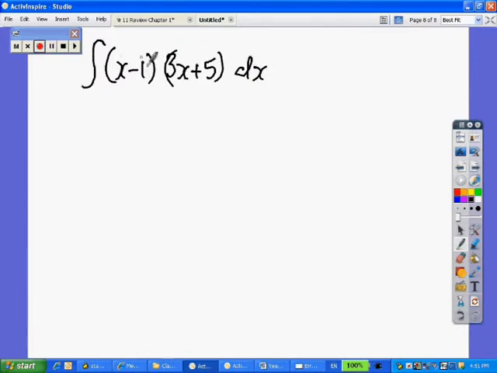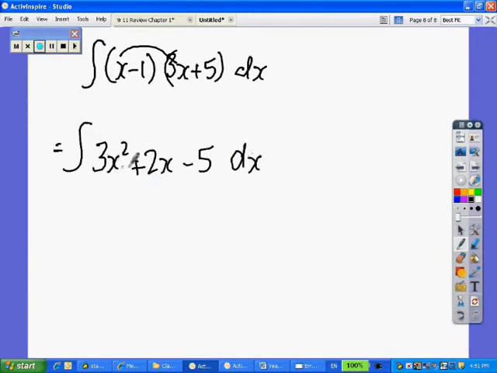I don't know how to integrate these separately, but I do know how to expand this and make it all into one nice equation. So I can multiply that out, and I get 3x squared, that's the first, then x times 5, and negative 3x. So 5x minus 3x is going to be 2x. That's the x's, and then my last term is minus 5, and then dx.